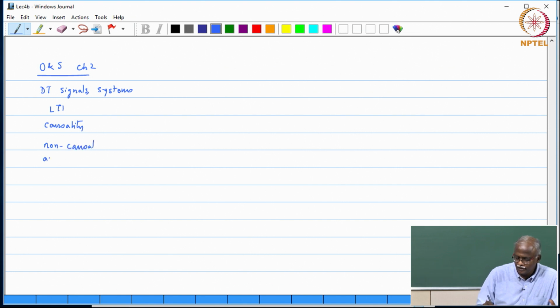Again, these are just basic definitions, but I would like you to be comfortable with that, and to look at several simple examples.